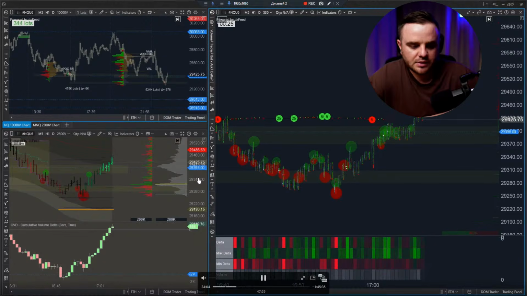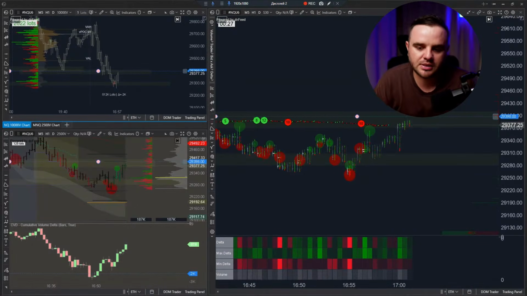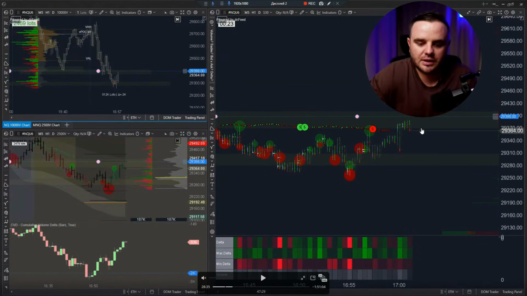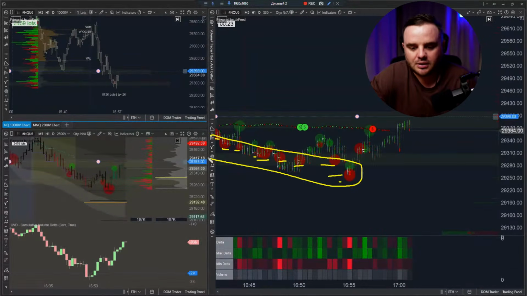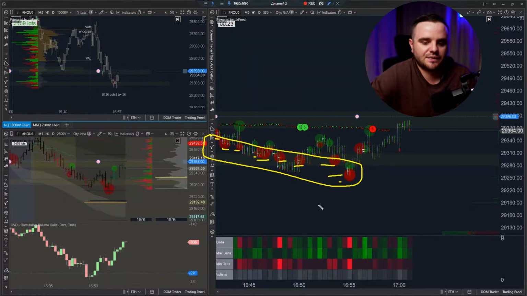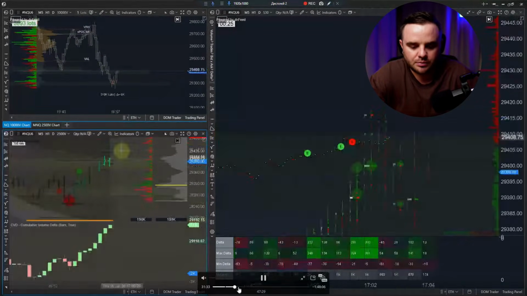And after that, have a look what's going on. That's an example for you, my friend, when we had absorption, and have a look how many negative orders we had here. Have a look how many sell orders we had here, and price failed to continue, and after that it started a significant move up.